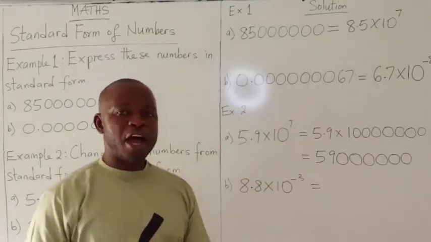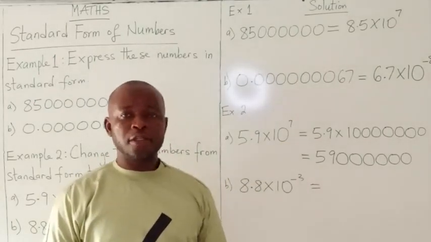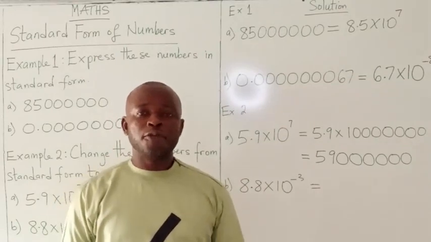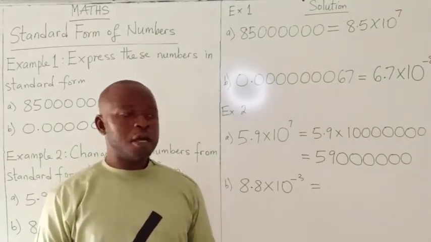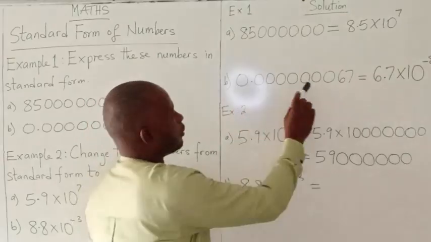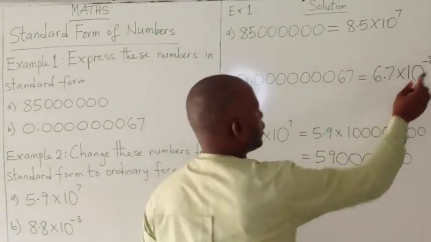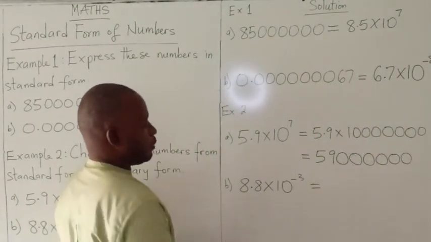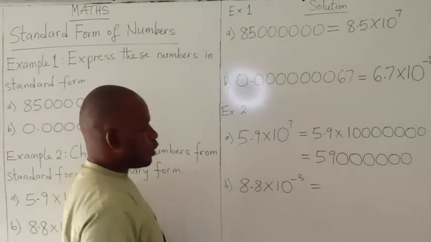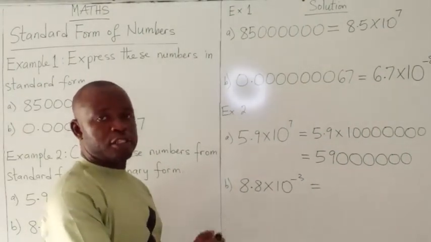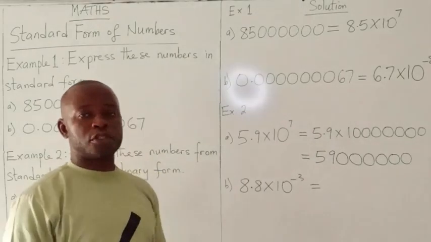The number of zeros you have before the first digit, which is not 0. How many zeros do you have there? 8. And so you have minus 8 here. Similarly, in this problem, if we have minus 3 here, we can decide to place 3 zeros before the first digit, which is not 0.